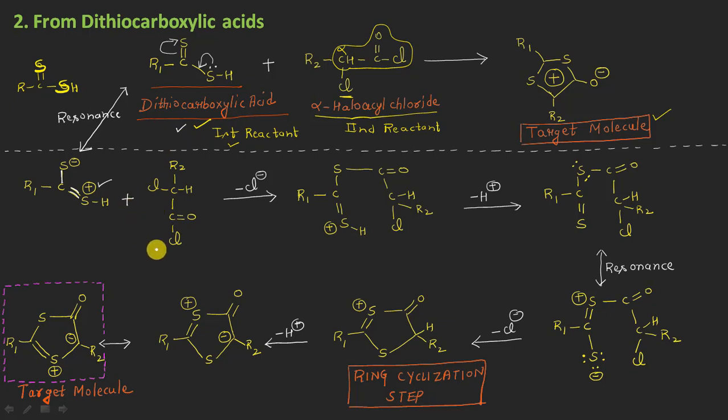This is the second reactant molecule, that is the alpha haloacyl chloride. And now this is the nucleophilic site of our first reactant. This will be acting as the nucleophile, and the only thing left for us is to locate the electrophile in this case. Now if you look here, we can have two different types of electrophilic centers.